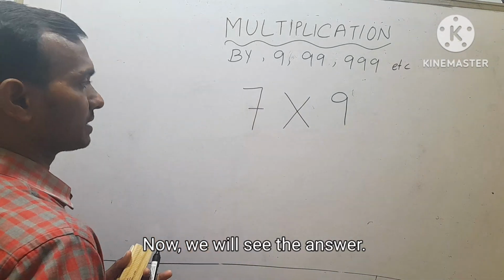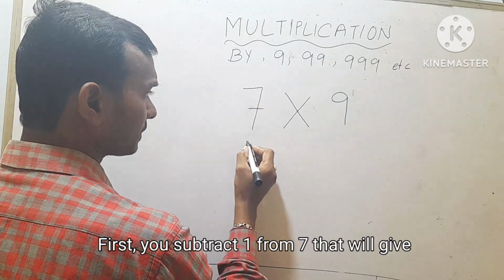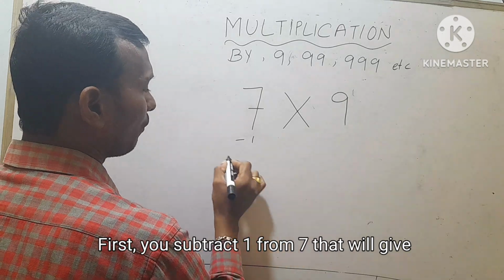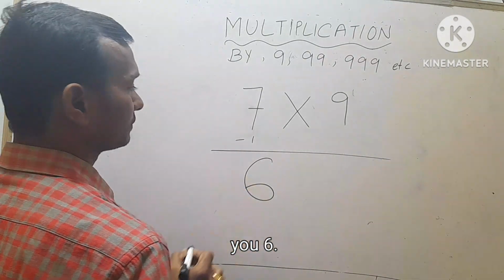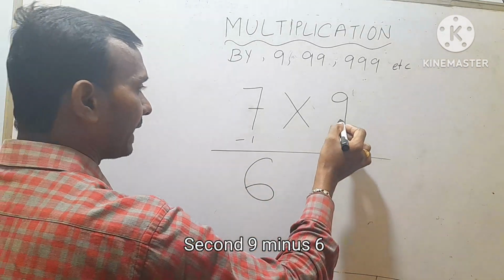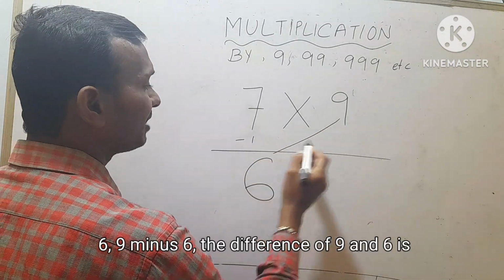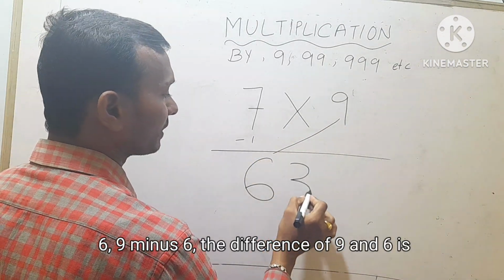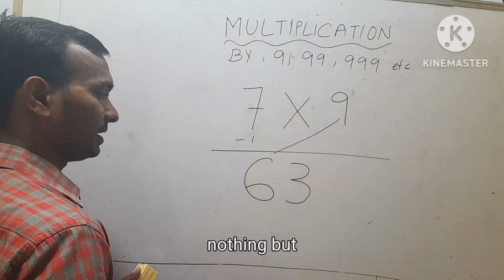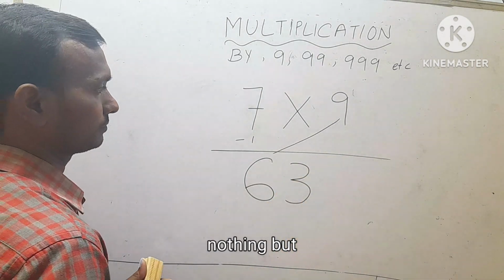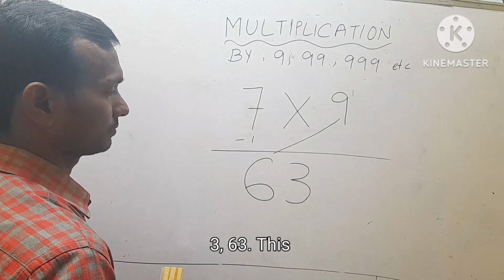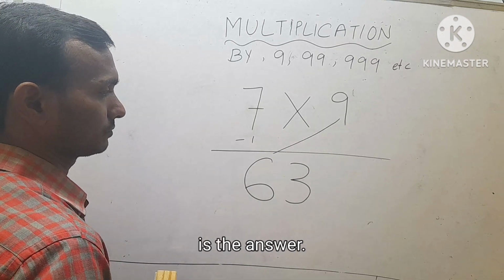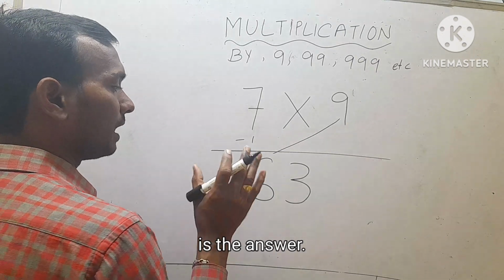Now we will see the answer. First, you subtract 1 from 7. That will give you 6. Second, 9 minus 6. The difference of 9 and 6 is nothing but 3. 63. This is the answer.